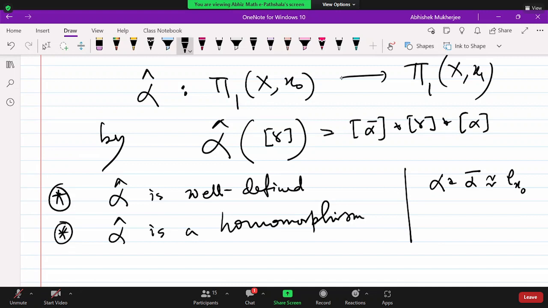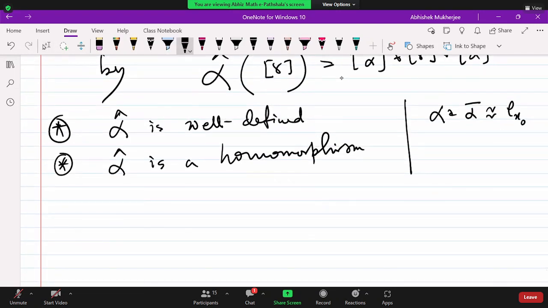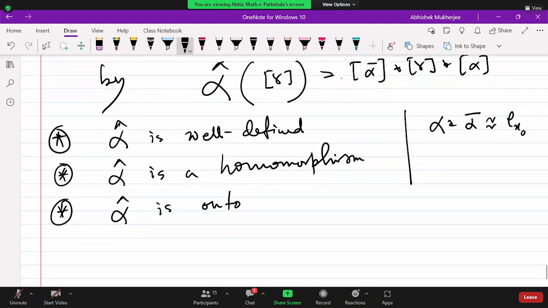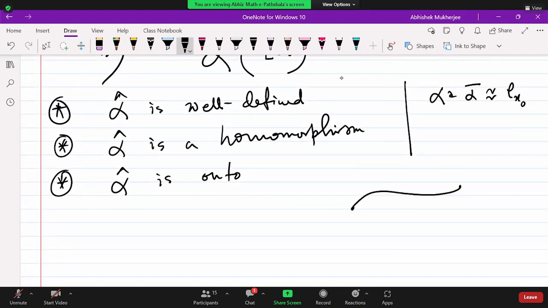And you are using this fact to get that this is a homomorphism. Okay. So this is a homomorphism, and by definition, this is onto, right? What you do, suppose you take some loop based at x1.